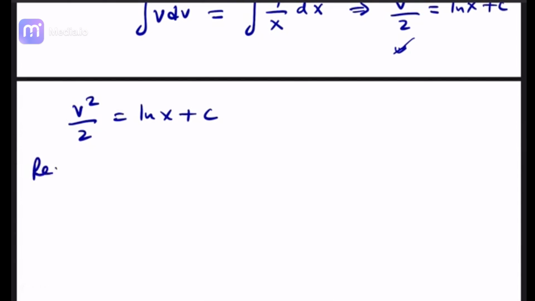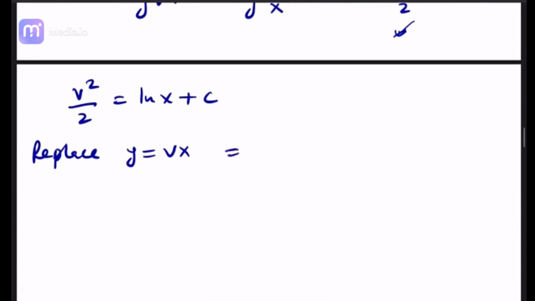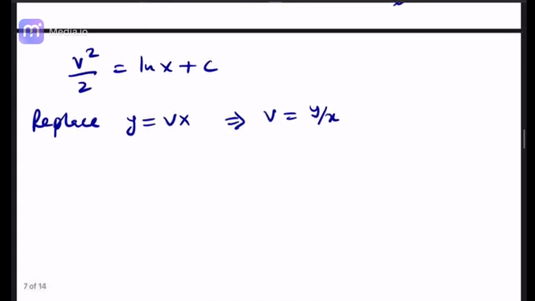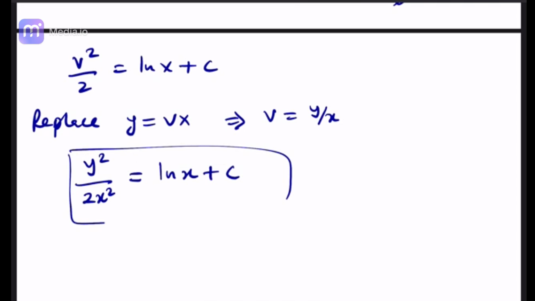So we now replace our y is equal to vx. That means we are going to replace v with y over x. So we have that y squared over 2x squared is equal to ln x plus c. This is the general solution.